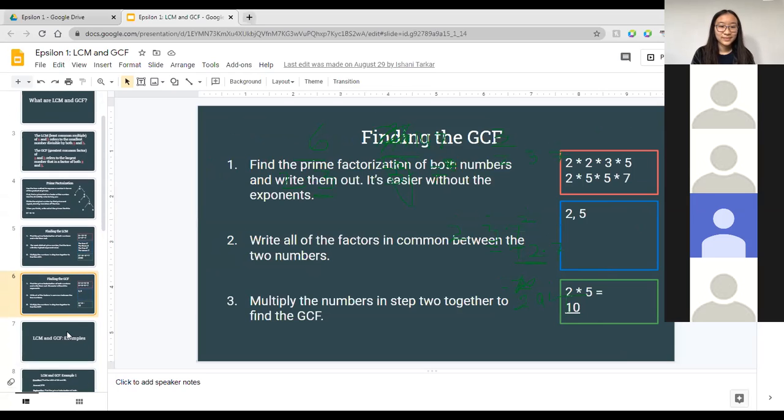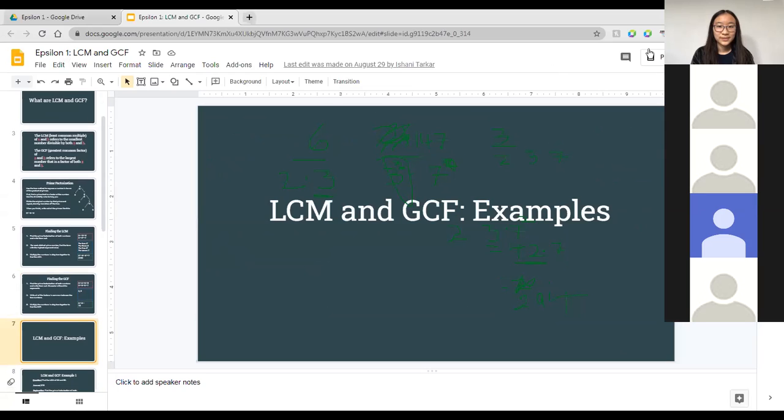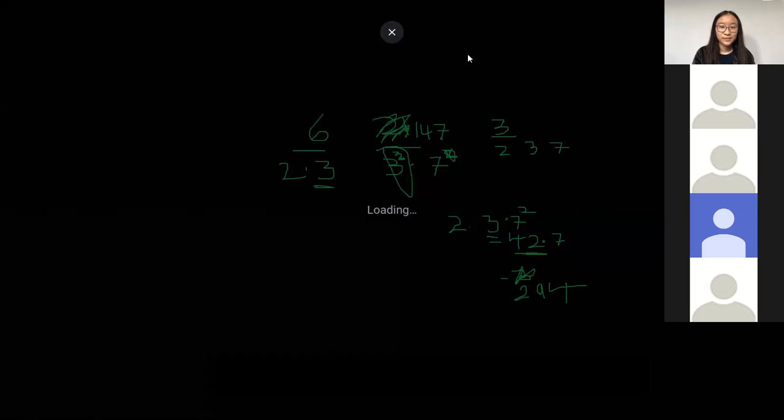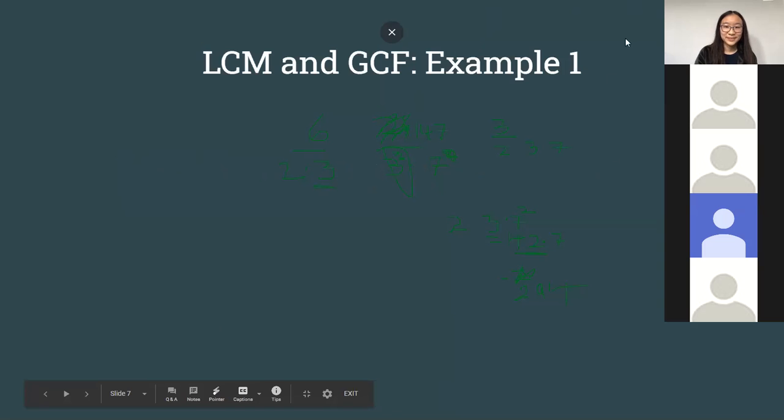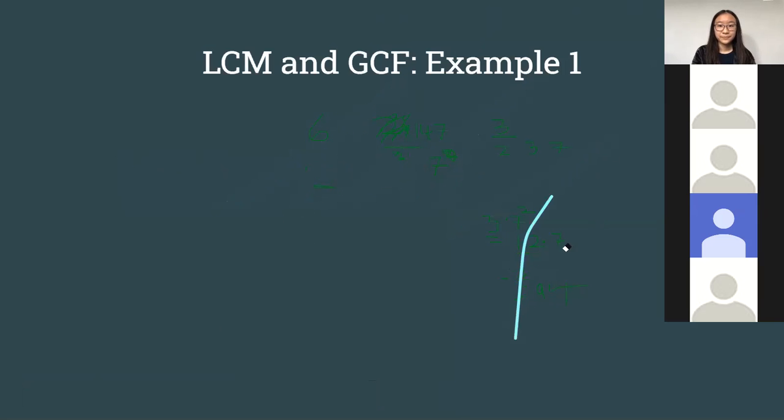Now we're at the examples. Do you want me to share it? Wait one second. Oh, there's an eraser.